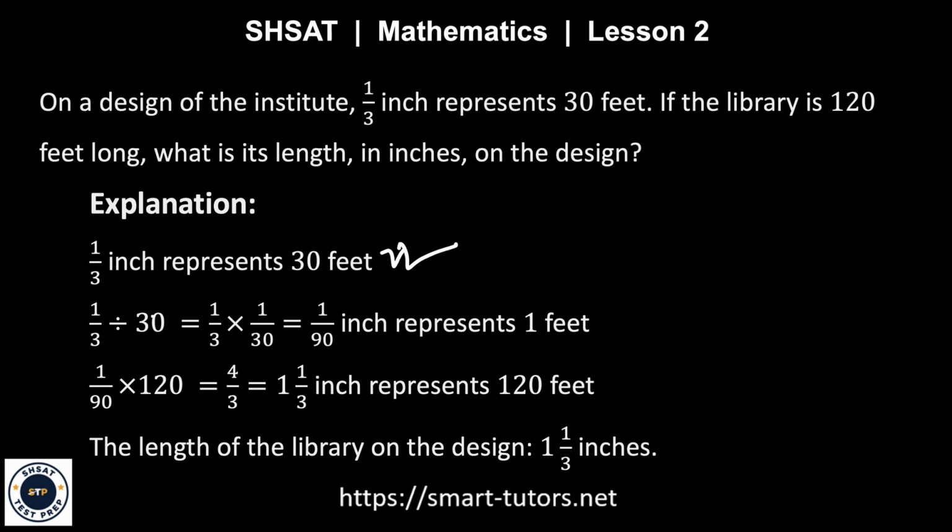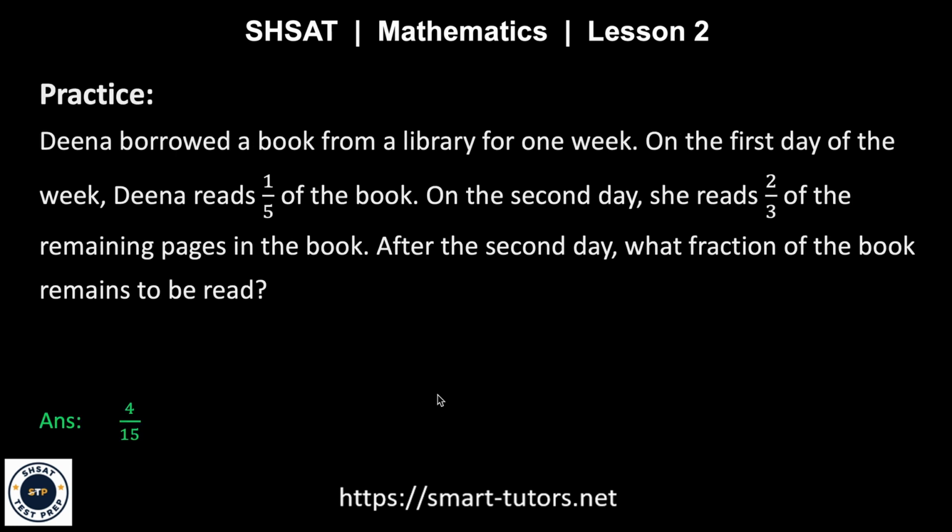So 1/3 divided by 30 equals 1/90 inch represents 1 foot. If that is the case, what you have to do next is multiply that by 120. As I said, multiply top to top, bottom to bottom, or you could just reduce it. That gives you 4/3. If you make this 4/3 into a mixed number, that gives you 1 and 1/3 inches represents 120 feet. Make sure that you understand.